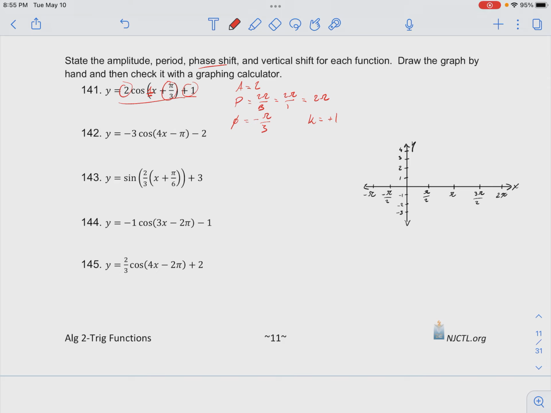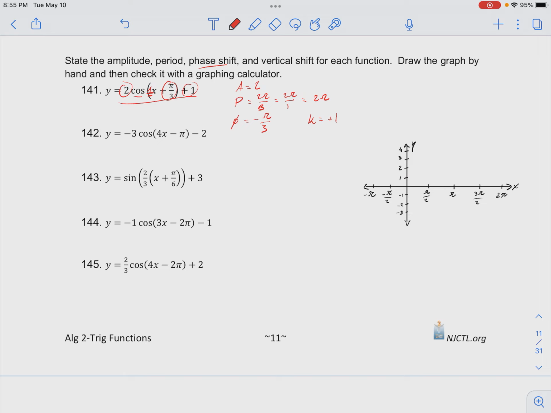So now if we want to graph this function by hand, we can say that our origin now is moved. If this was cosine, our cosine function would have normally started here at its maximum at 1, but we move this maximum 1 up for the vertical shift, and also to the left by pi over 3.